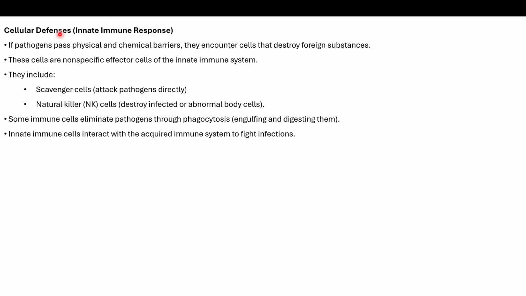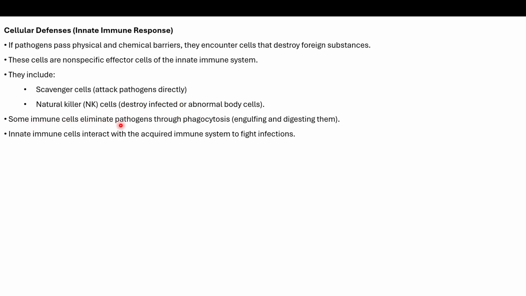Now, when we talk about the innate immune response, if pathogens pass the physical and chemical barriers, they eventually encounter the cells that destroy foreign substances or foreign attackers. So, these cells are non-specific effector cells of the immune system. And these non-specific effector cells include scavenger cells, which can attack the pathogens directly, and natural killer cells or NK cells, which destroy the infected or abnormal body cells.